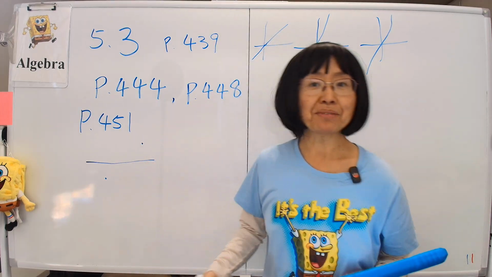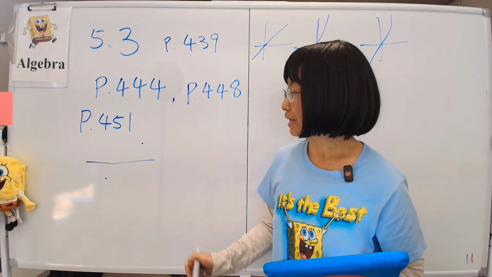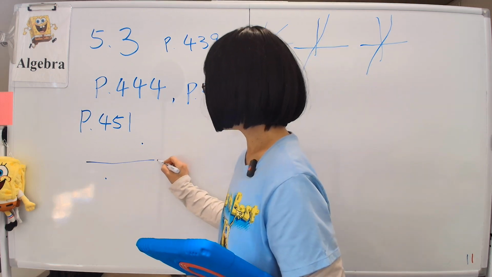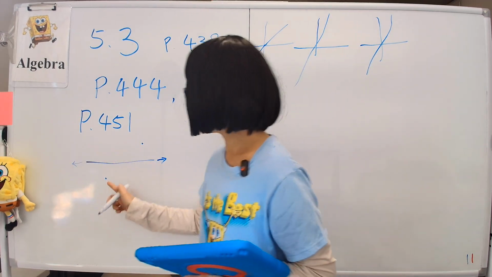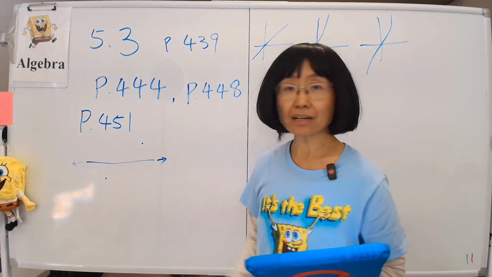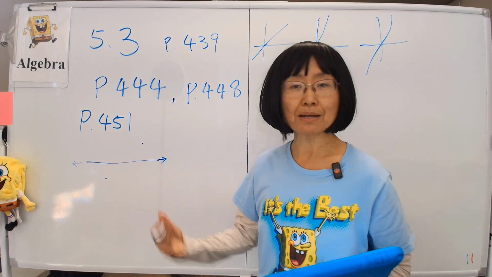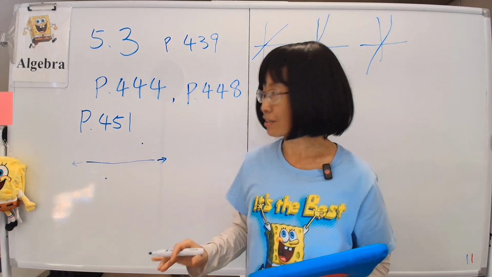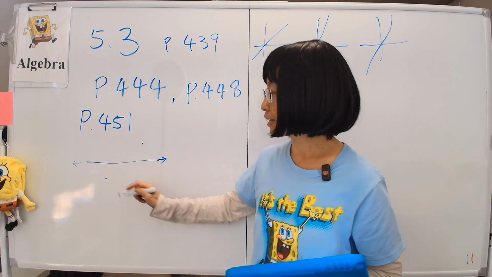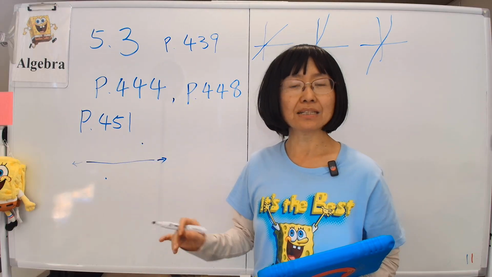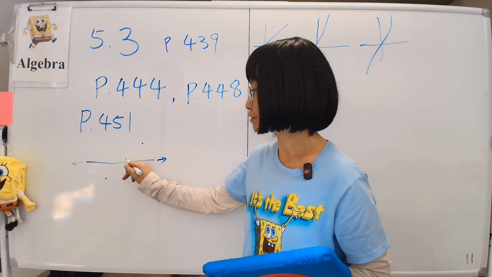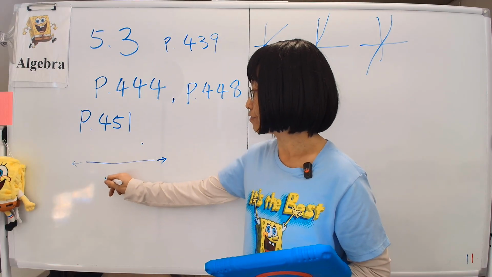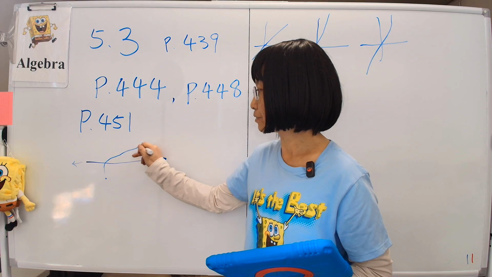Remember, this is my river, and the river goes both directions indefinitely. So what happened? The guy was here, and then he got to the other side of the river. The intermediate value theorem says that if that is the case, then the guy crossed the river at some point. It must have hit the river at some point, and then it was able to continue going.